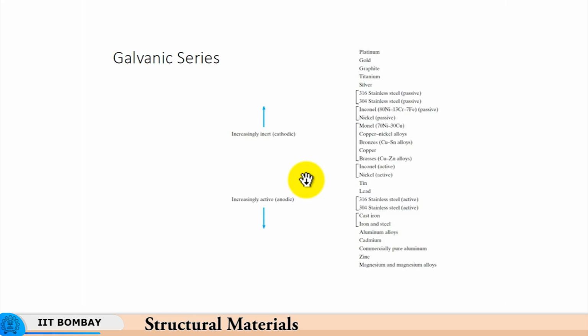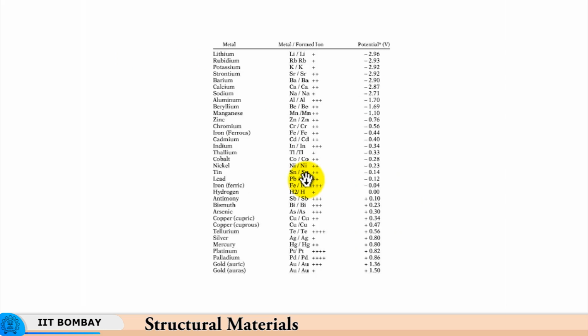It is most cathodic in nature, whereas the others are increasingly active. Whatever is increasingly active is anodic. Even more anodic than this would be potassium, sodium, lithium. Many such materials which are more anodic, more electropositive in nature would lie below this.